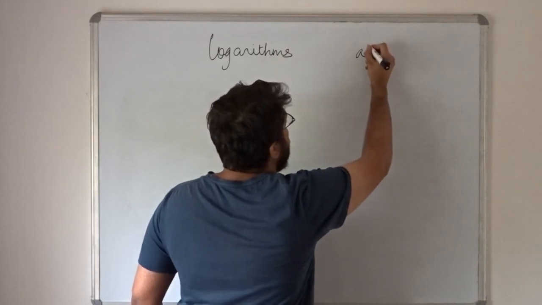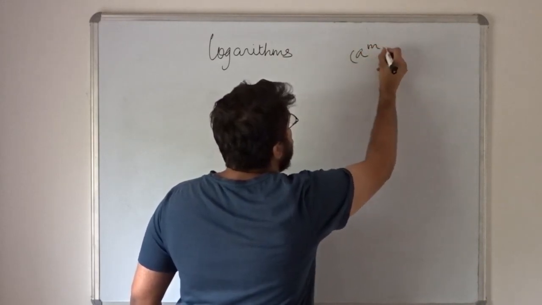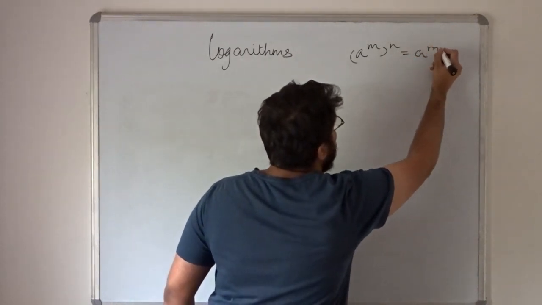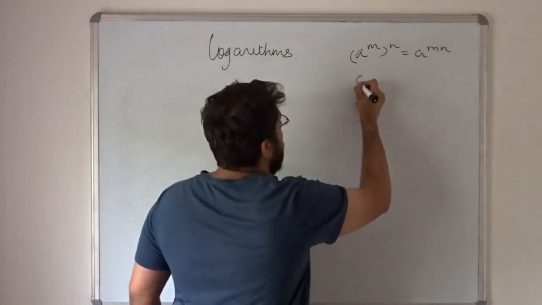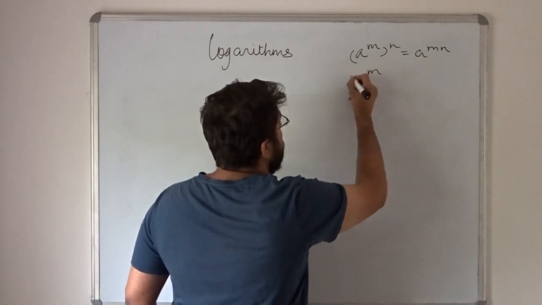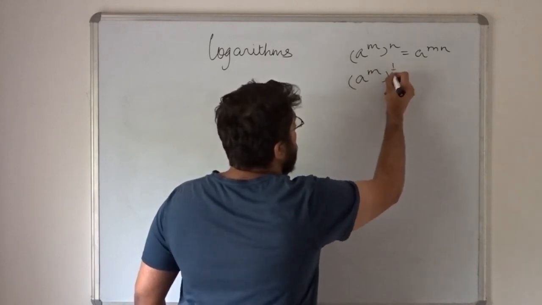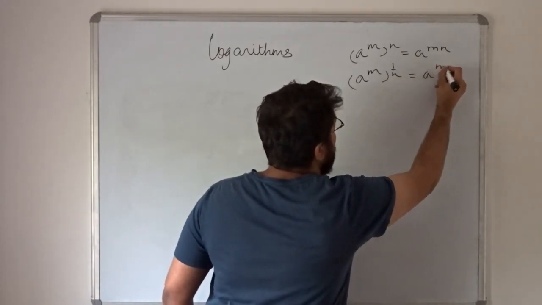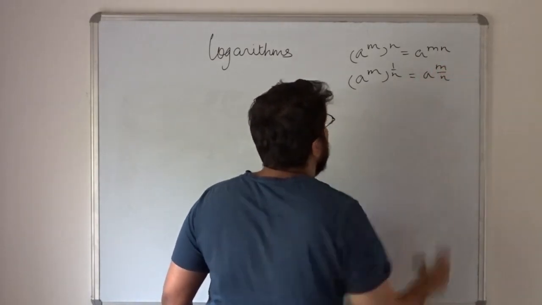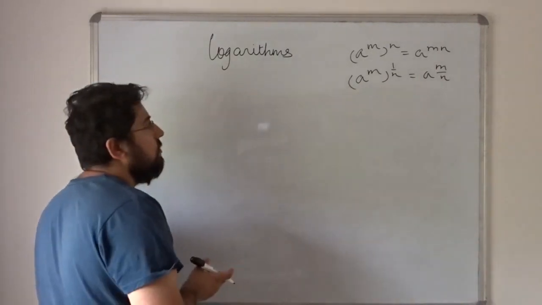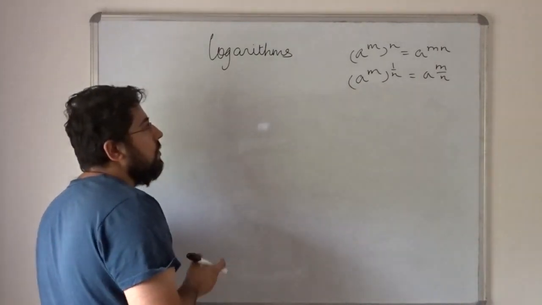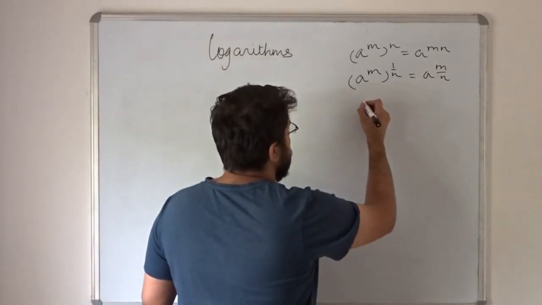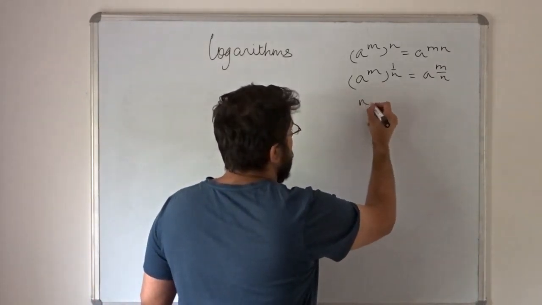A to the power m, multiplied by n equals a to the power mn. A to the power m equals a to the power m divided by n. And now I'm going to write one more rule, is this one, guys. I hope you remember this rule.